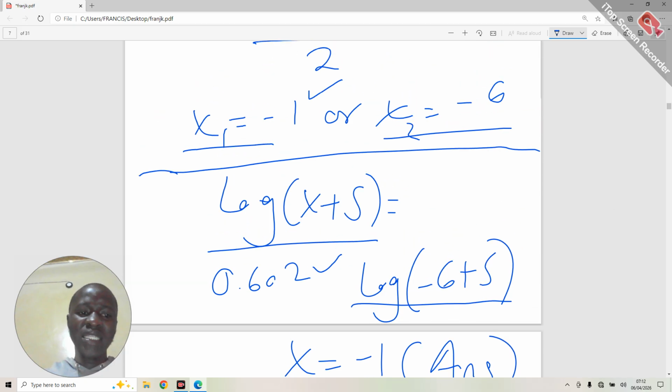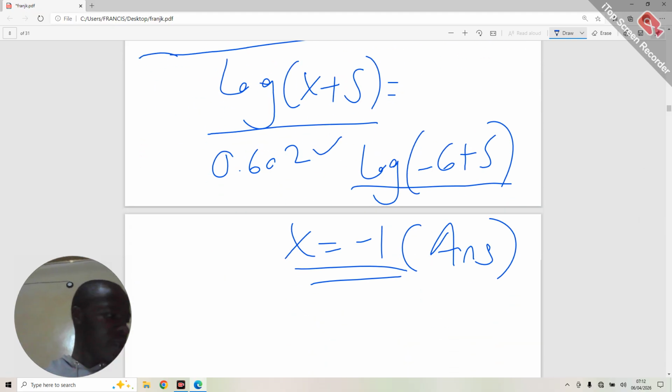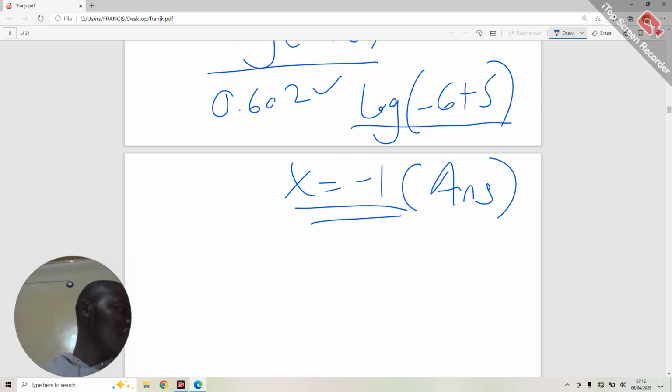There is no log of a negative number. Logs are only workable when they are in positive numbers. So let us do one more question.